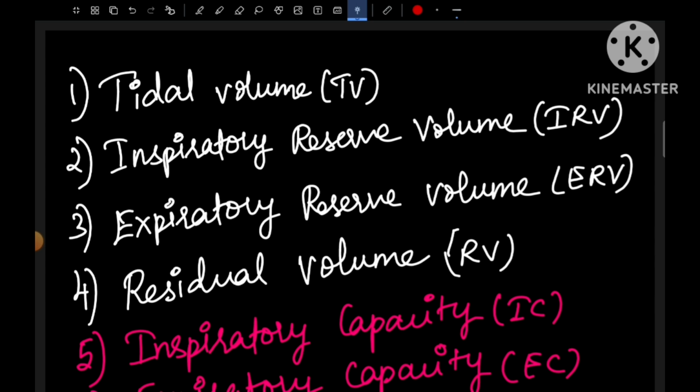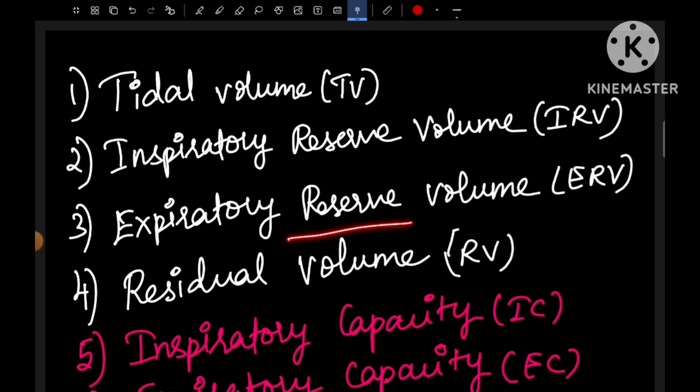Just remember this word reserve. It's an extra volume which we can take in while there is no proper supply of oxygen. At that time we can use this capacity of our lung to respire. So this is inspiratory reserve volume.